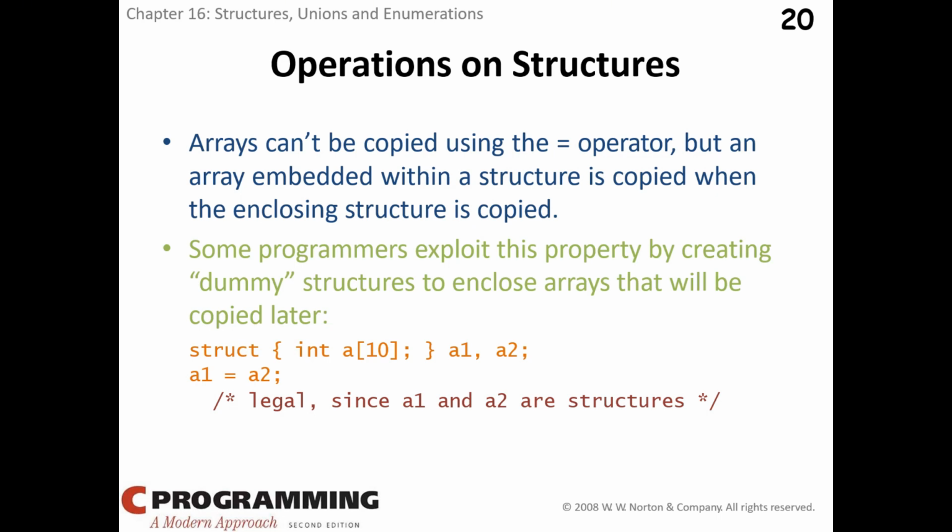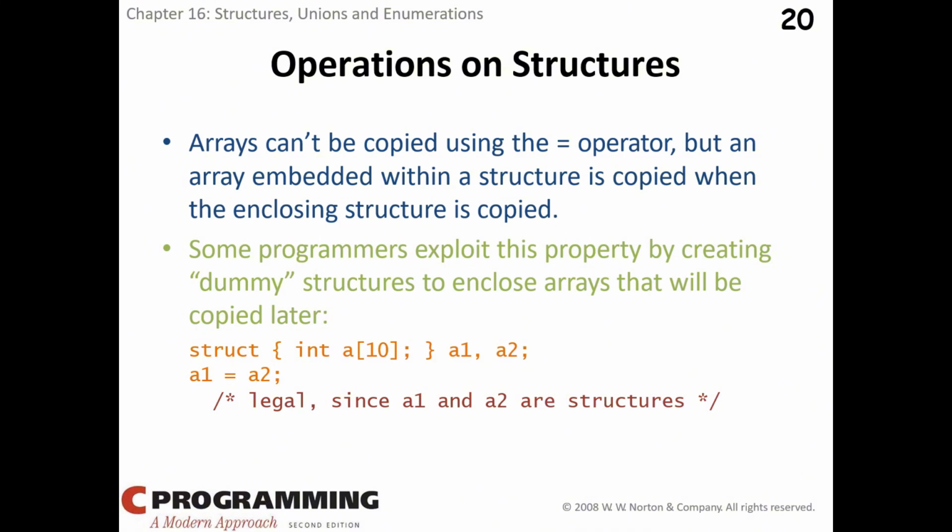When we use the assignment operator to assign a2 to a1, the entire contents of the array within a2 are copied into the corresponding array within a1. This approach is legal because a1 and a2 are structures, and structures can be copied using the assignment operator. This trick is useful when we're trying to copy arrays by embedding them within a structure, and it provides a shortcut for direct array copying in C.